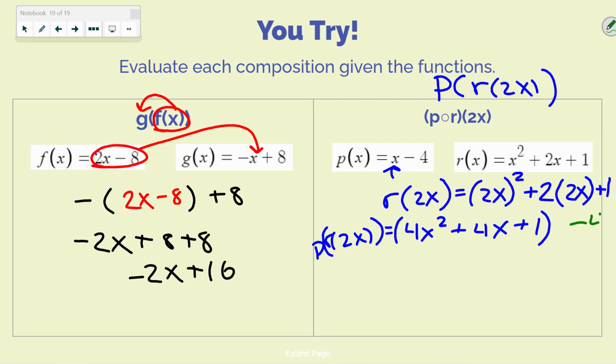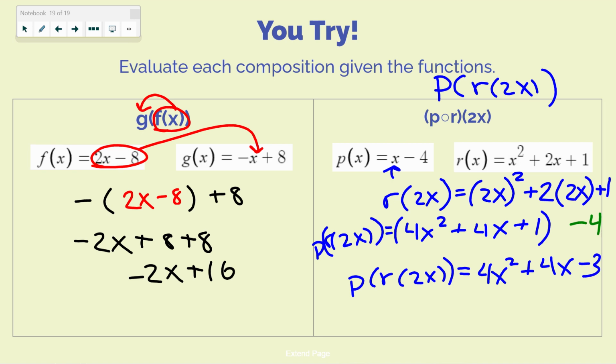Subtracting 4. So notice there's no value in front of the parentheses here, so nothing to distribute. So P of R of 2x would just become 4x squared plus 4x, and then lastly combining those like terms for minus 3.